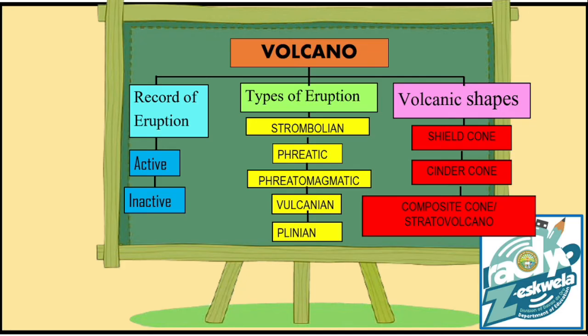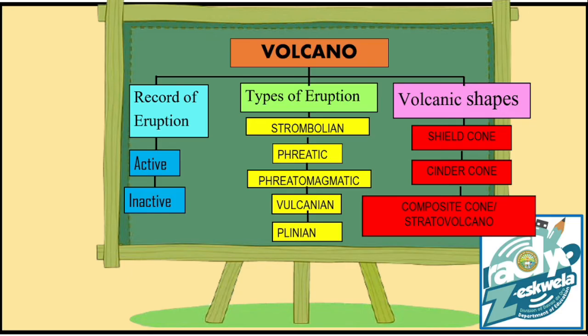Number 2, phreatic eruption. Phreatic eruption arises when groundwater or surface water comes in contact with hot rocks. When there is an interaction between magma and water, it refers to the third type of eruption, the phreatomagmatic eruption.